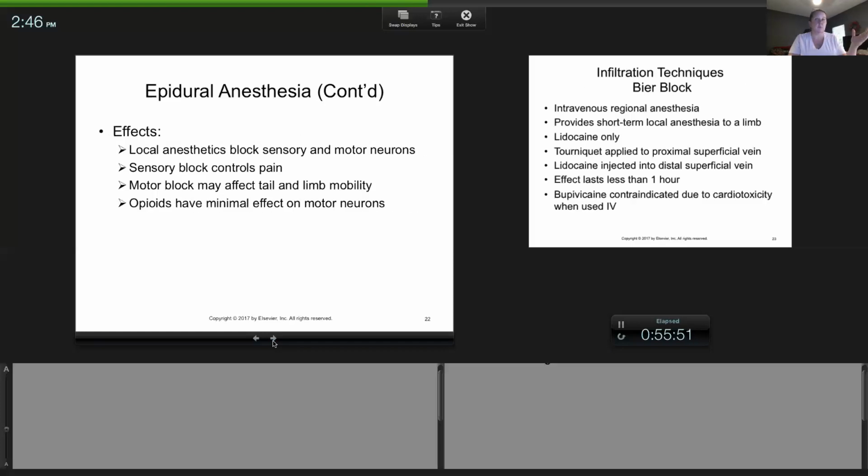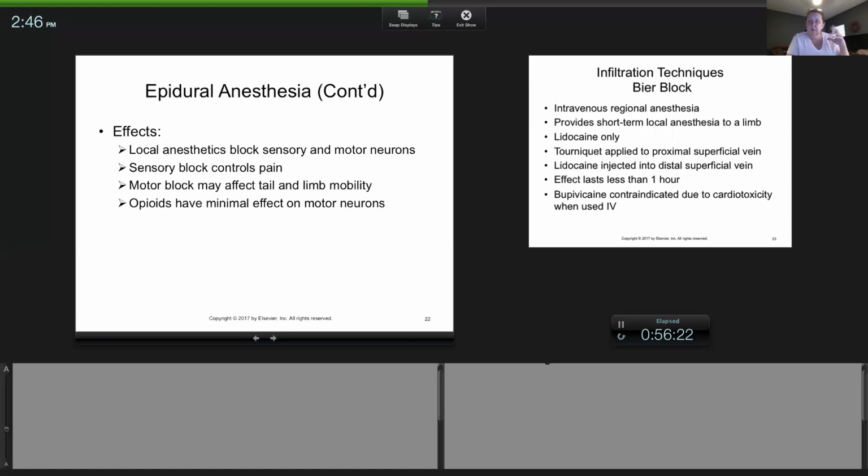The nice thing is we get the blocks, sensory and motor. The only thing that we have to be cautious of is it can affect the tail. Well, if they can't wag their tail, they can't wag their tail, but it can affect the rear limbs. So if we want them walking, that'd be another reason to just do a morphine epidural versus bupivacaine, because morphine is just going to treat the sensory pain.